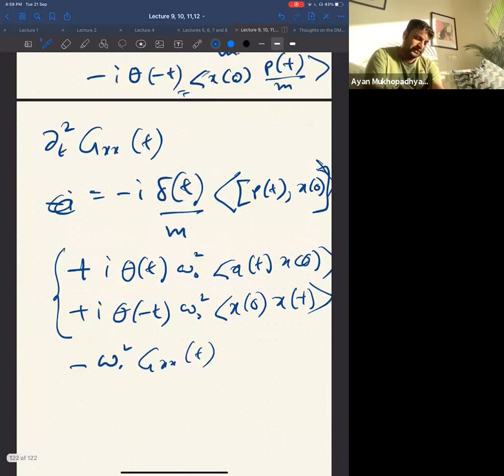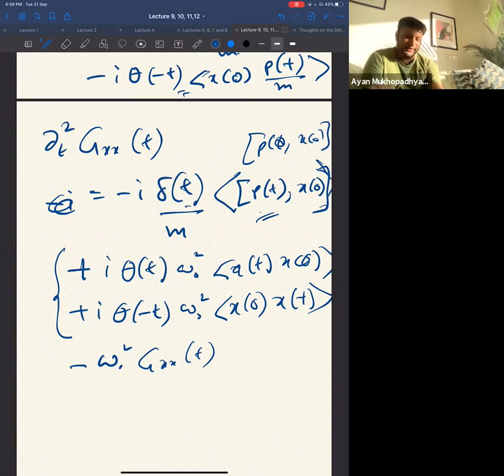Okay, let us look at the first term. Because of delta t, only t equal to 0 is important. So here what I get is the commutator of P and X. What appears here is a commutator of P_0 and X_0. And what's the commutator of P_0 and X_0? It is simply minus i h bar.